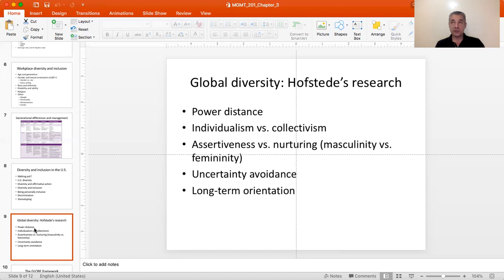Power distance means the extent to which you defer, to which you respect this hierarchical power. Like in the States, it's fairly easy for you guys to call your professors by the first name, for employees to talk maybe to the company president. There's no barrier. Other countries, you would never go a level above, right?